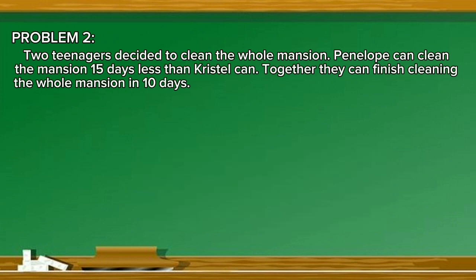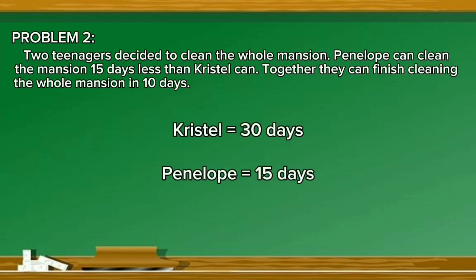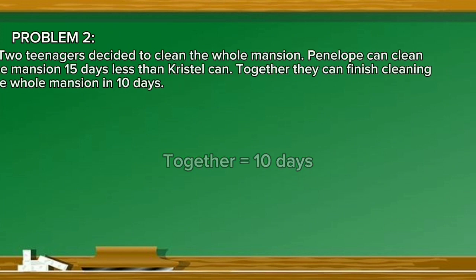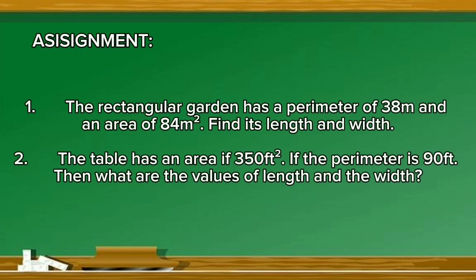Meaning, the time they can work alone in cleaning the mansion is, Crystal takes 30 days, while Penelope only takes about 15 days. To check, simply add the two, and it will equal the total where they can finish together, 10 days.